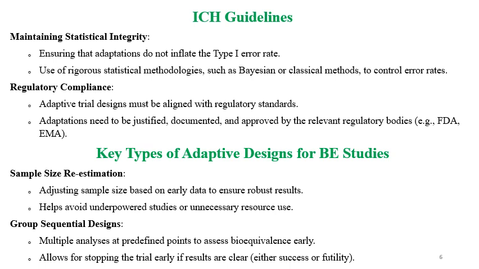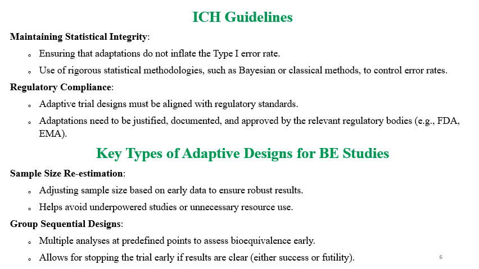The type 1 error rate should not get compromised because of the adaptive design. Regulatory compliance: adaptive trial design must be aligned with regulatory standards. Adaptations need to be justified, documented, and approved by the regulatory bodies like FDA, EMA, and other country-specific regulatory authorities.